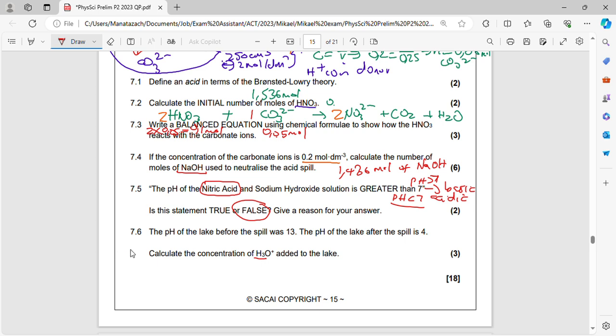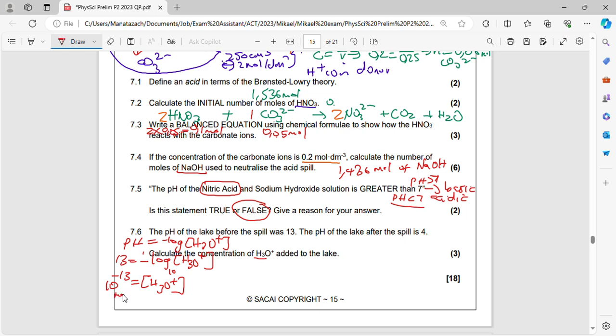Okay, let's write the formula for the pH: pH = -log[H3O+]. Initially the pH was 13, so that would be 13 = -log[H3O+], where the log has a base of 10. Now in order to solve for H3O+, we apply the mathematics: the 10 becomes the base on this side, and the minus joins the 13, and then we'll have an exponent of minus 13.